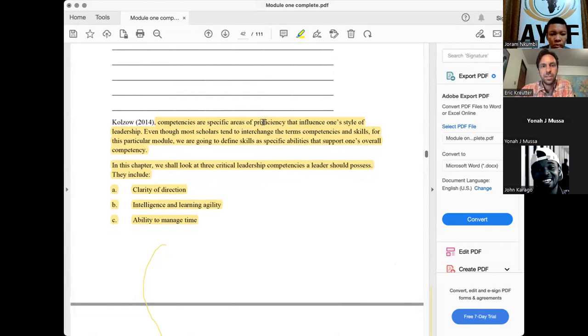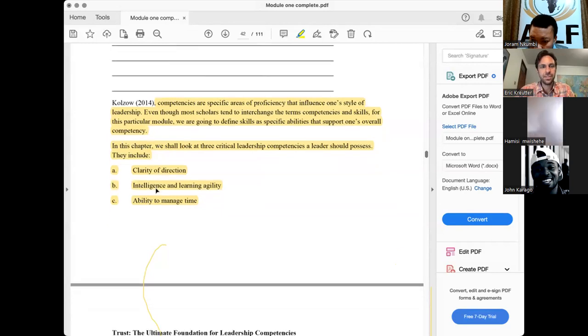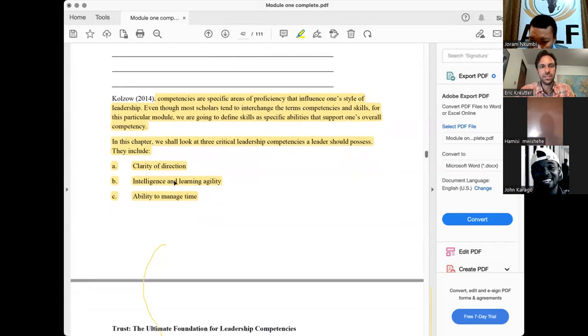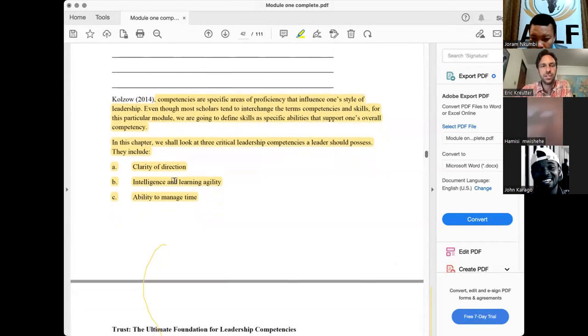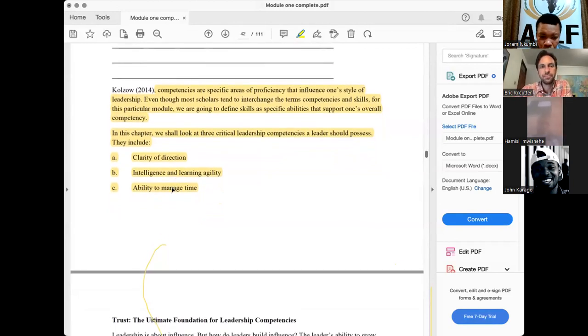So competency may be a bit higher than skills, and it could include several different types of skills. But those are all just English words, and they're kind of advanced things that you don't really need to worry about. The main point is focusing on these 3 ideas here: clarity of direction, intelligence and learning agility, and ability to manage time.